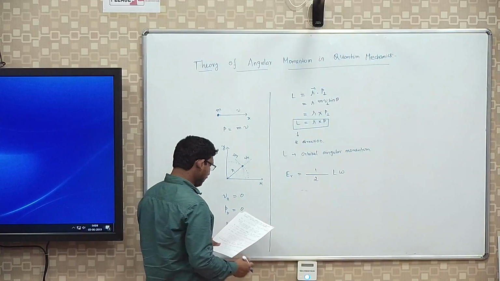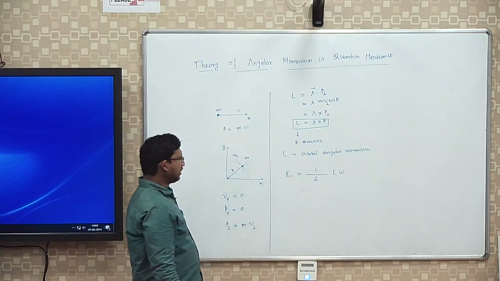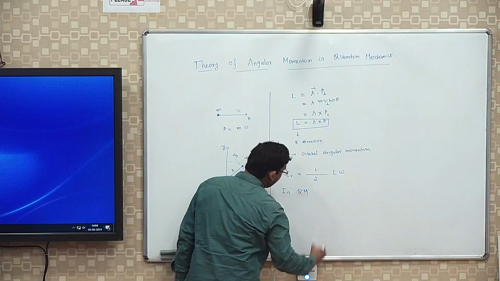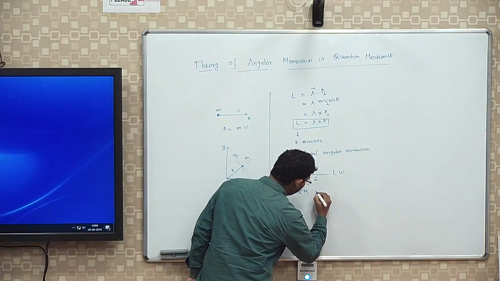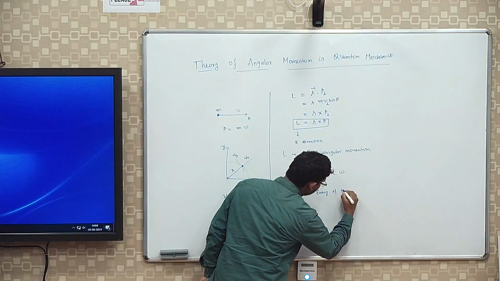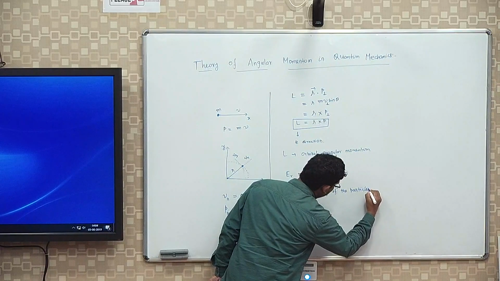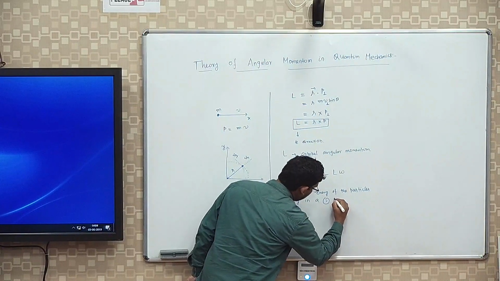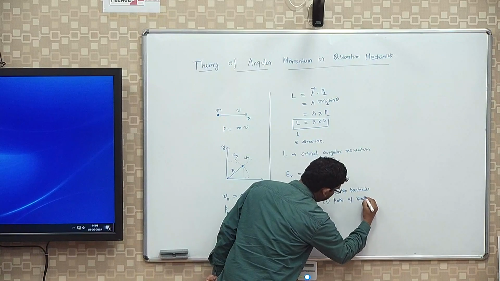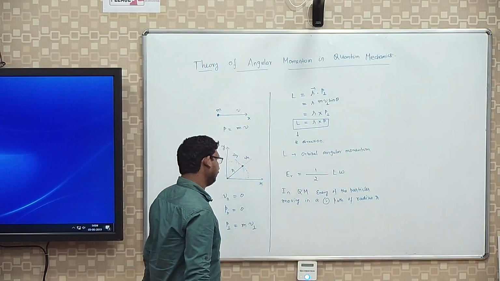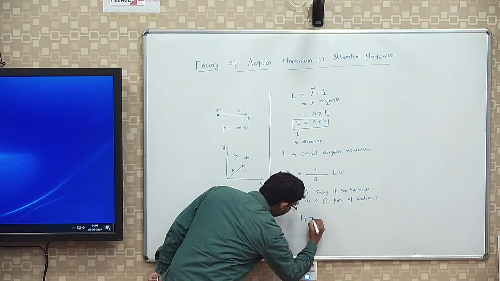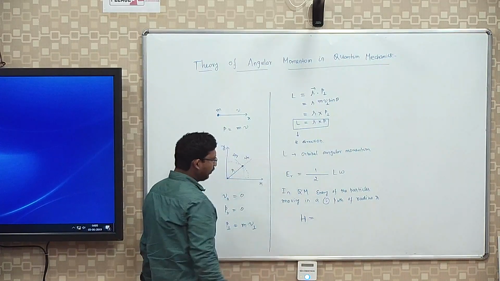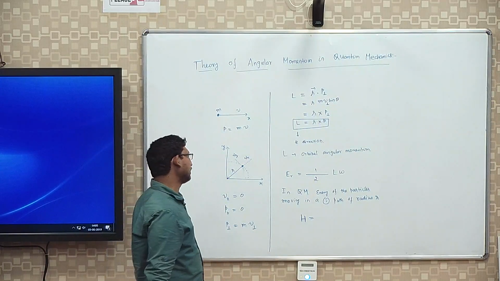In quantum mechanics, the energy of a particle moving in a circular path of radius r is described by the Hamiltonian H. This Hamiltonian is nothing but the sum of the kinetic energy and the potential energy.